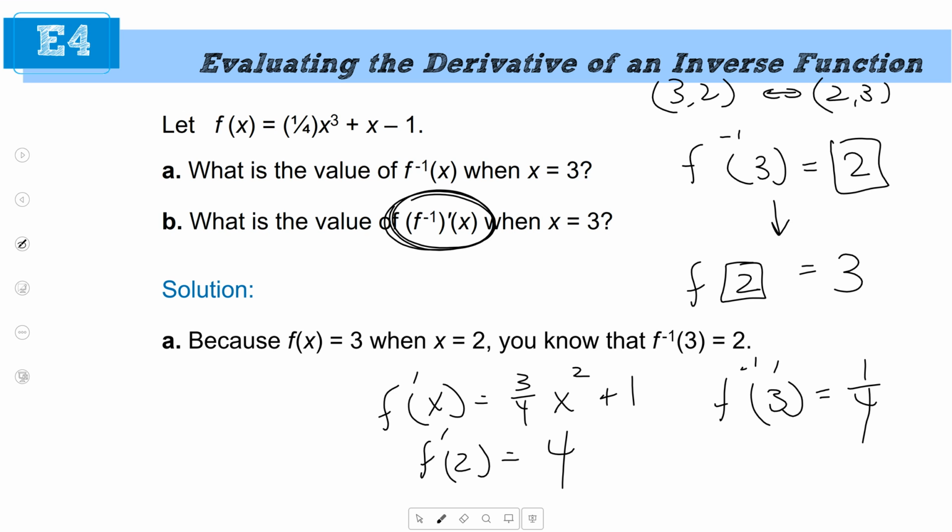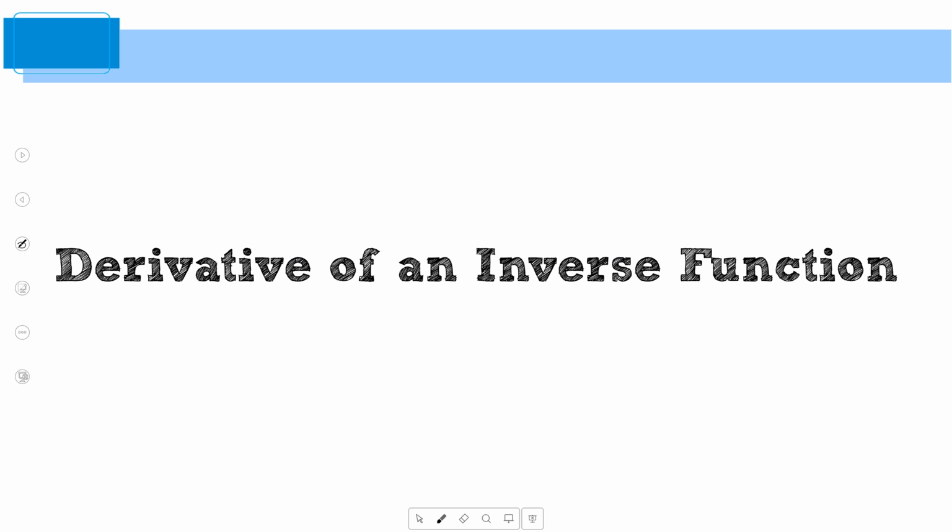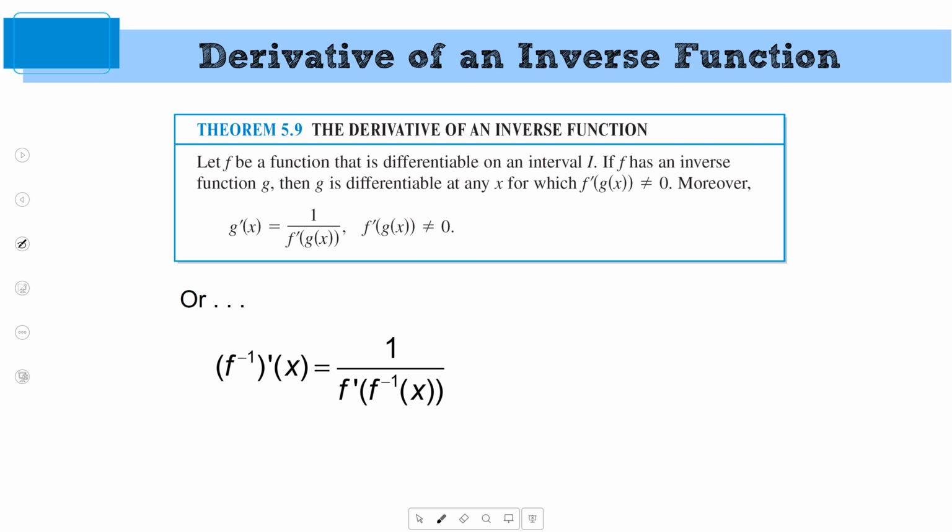Even though your head's about ready to explode in that explanation, I still find it easier than the formula. However, some of you are just going to go home and memorize the formula. That's okay. Whatever works for you. So what's the formula? The formula is right there.